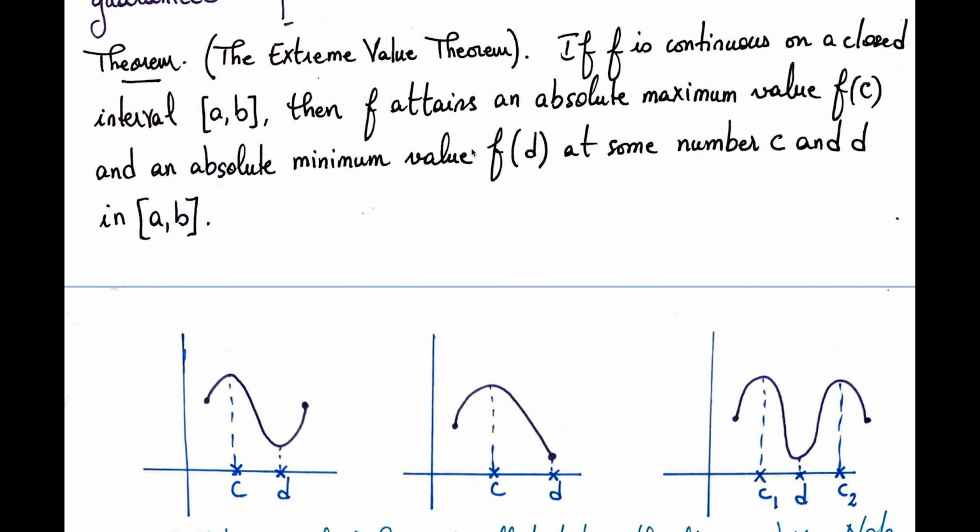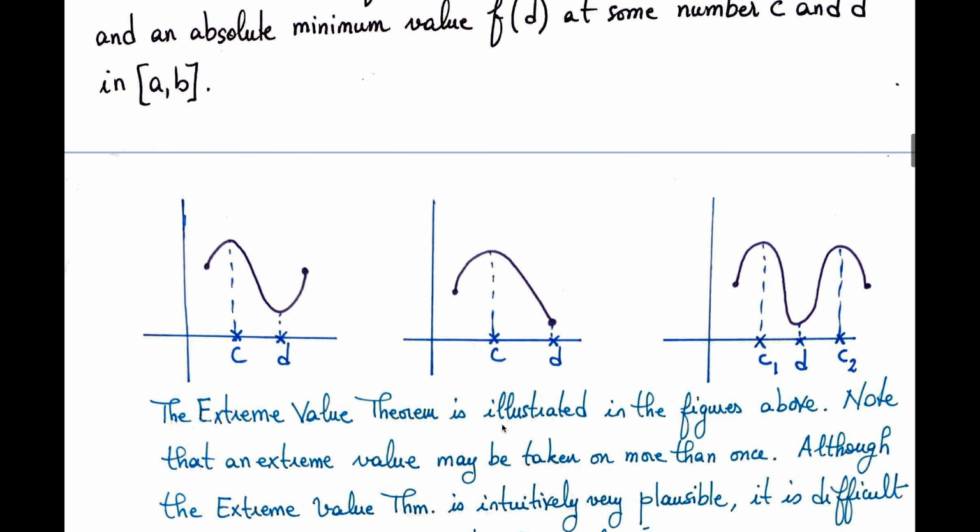So this theorem, the extreme value theorem, tells us that the absolute maximum and the absolute minimum are going to be attained somewhere, but doesn't tell us that they're going to be attained one and only one time, right? For example, in this case, the absolute maximum is attained a couple of times. So it's about the existence, it's not about how many times.